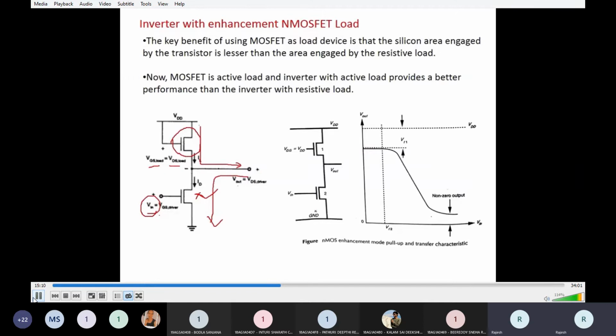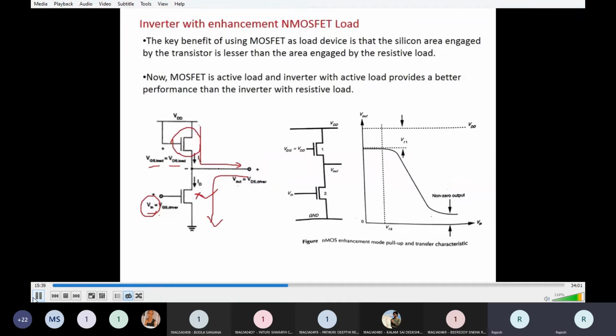And if you see the transfer characteristics of this inverter, for low input we get a high output, but this output is not equal to VDD. Why? Because this enhancement mode MOSFET is connected to VDD. In enhancement mode, the channel is not established.